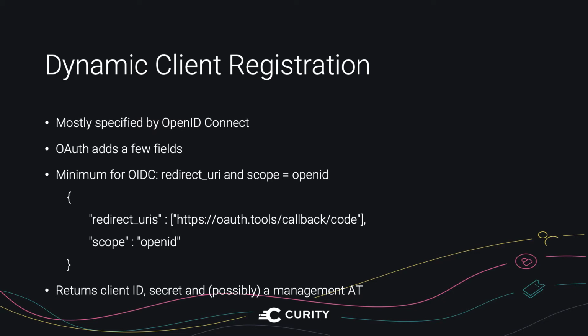This, at a minimum in OpenID, will include the redirect URI and a scope of openid. In OAuth, it could include other things like the software ID, which we'll get to in a little bit. The response of this call is going to be a client ID, perhaps some secret depending on the authentication method that the client should use, and possibly a management access token that will be used for DCRM.